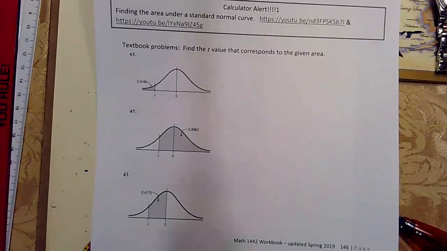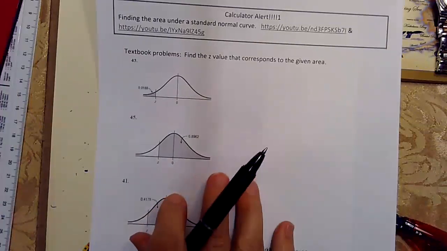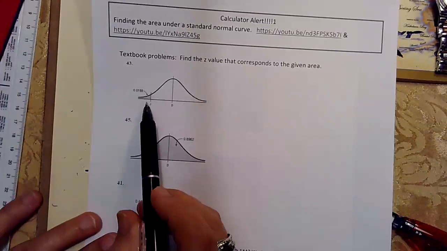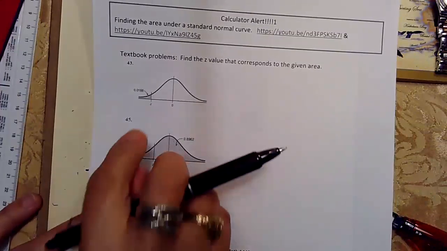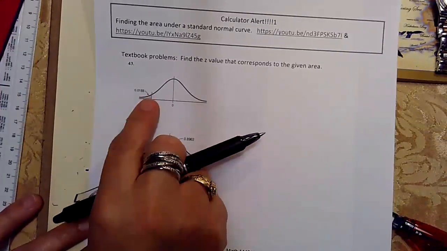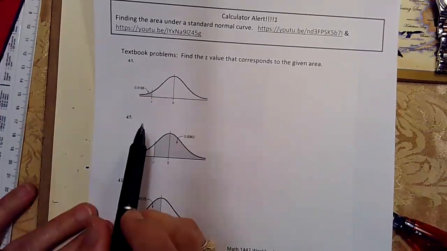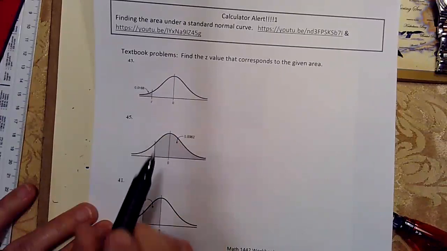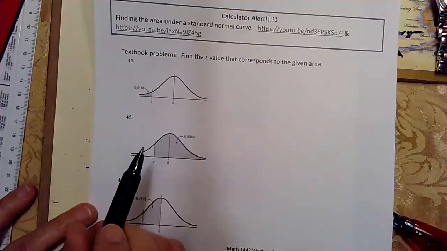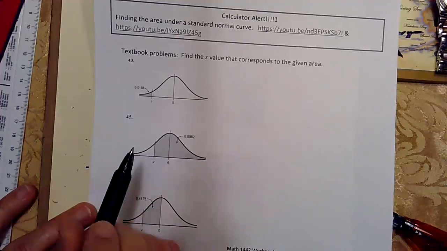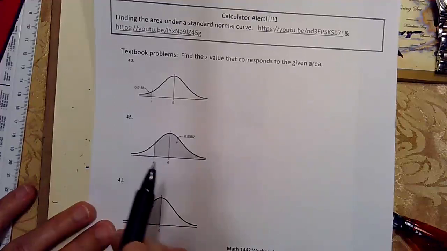The way that would work: the first one is the easiest type because this is already an area to the left of the curve. That's what makes it easy. So I'm going to write that down. This is an area that is already to the left of a z value, so we're going to use this area to locate it in the table.